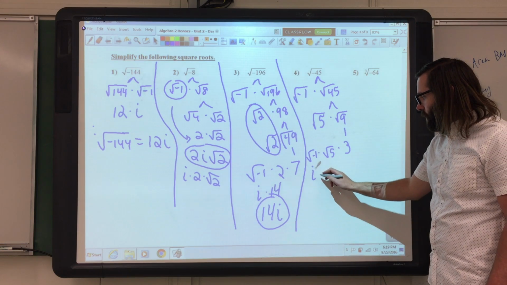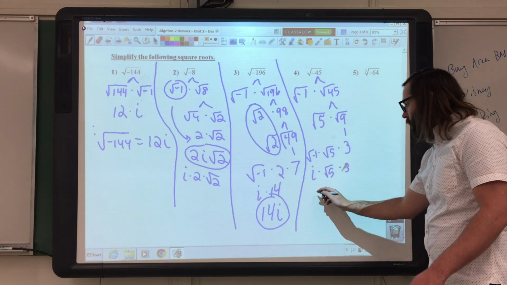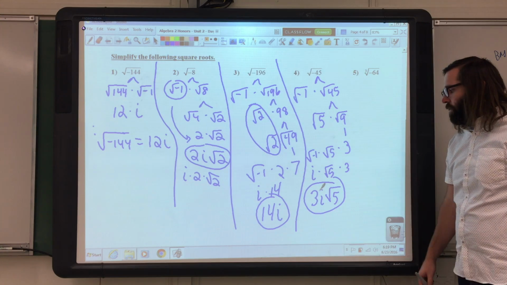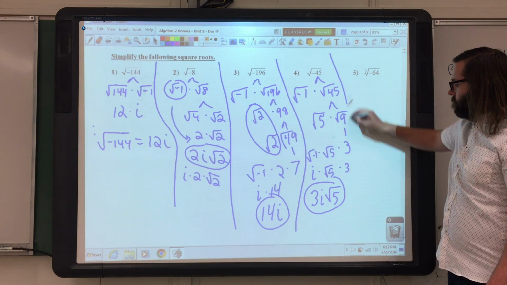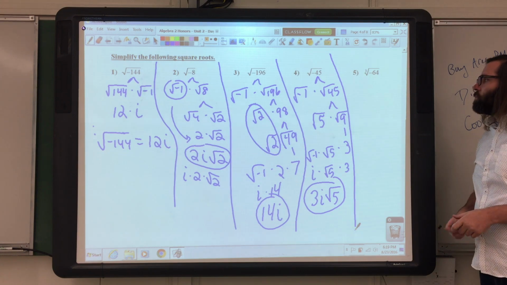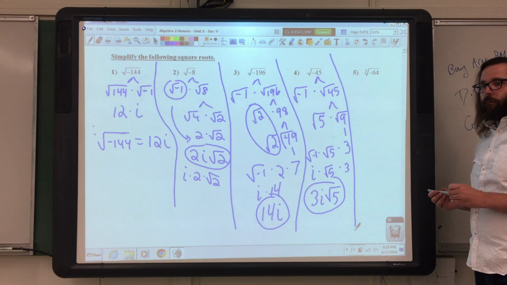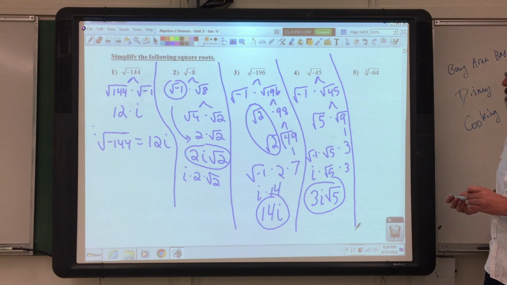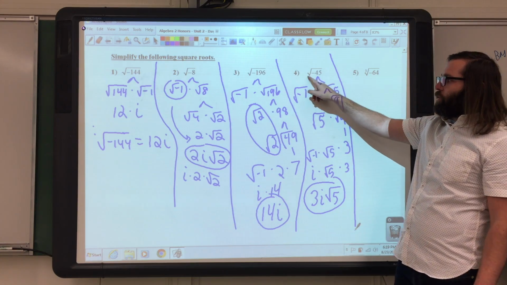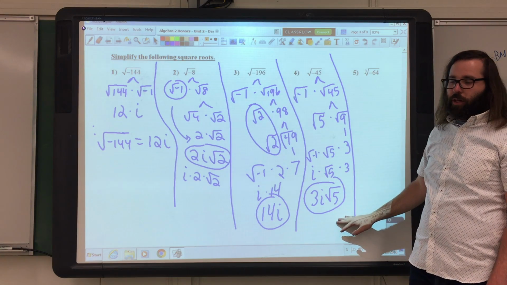So we know this is i times the square root of 5 times 3, or to rearrange this, negative 3i square root of 5. Okay, if you're ever given a square root of a negative number, just bring out the negative 1. There's your i. And then factor it normally.